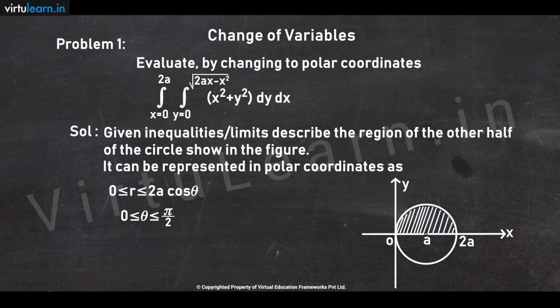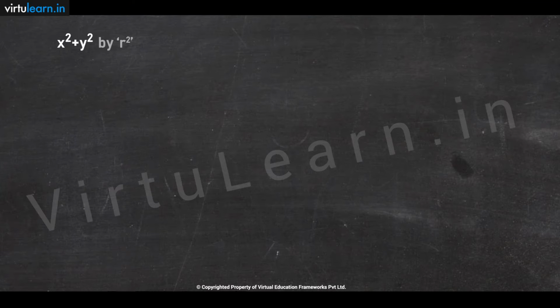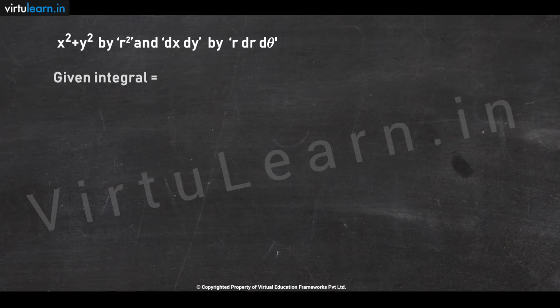So in the integral, we replace x by r cos theta, y by r sin theta, x square plus y square by r square, and dx dy by r dr d theta. So the given integral now becomes integral theta is equal to 0 to pi by 2, integral r is equal to 0 to 2a cos theta of r square into r dr d theta.